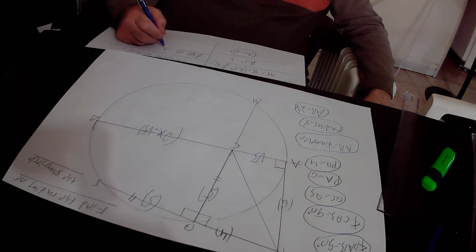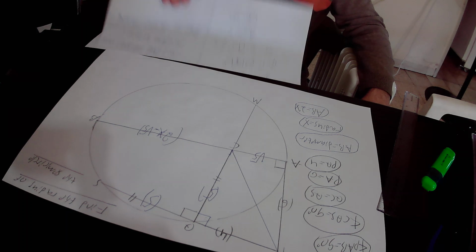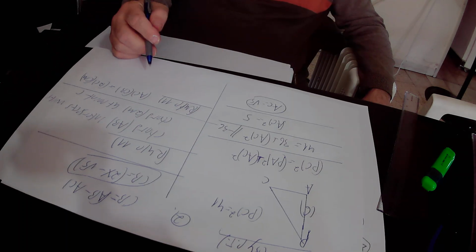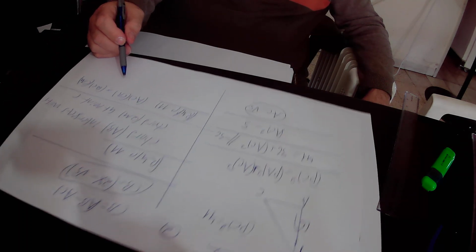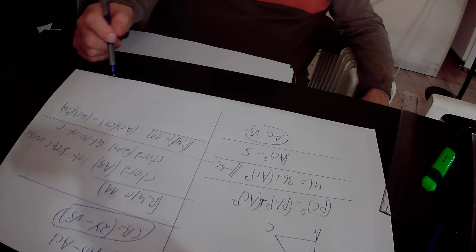AC times CB equals QC times CM. Repeat again, AC times CB equals QC times CM.